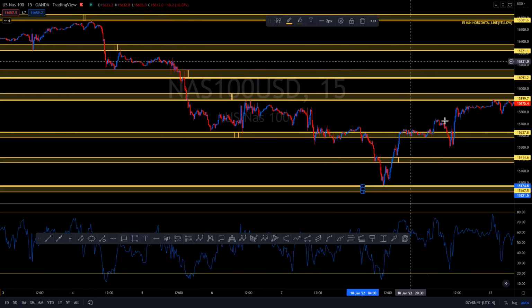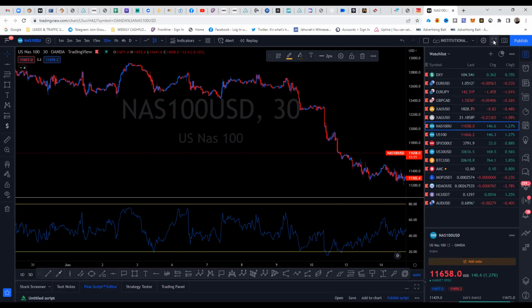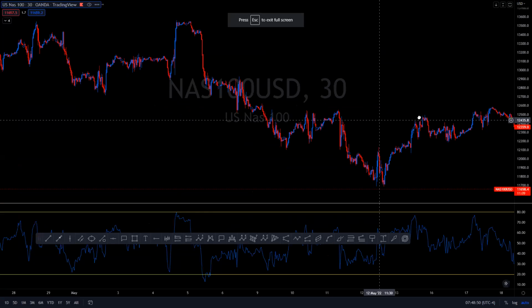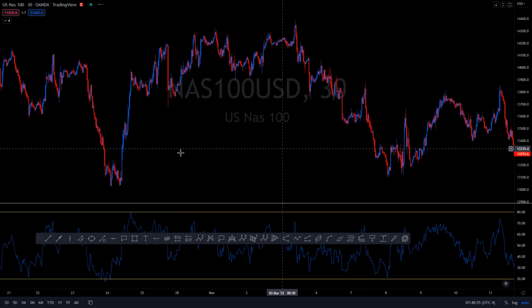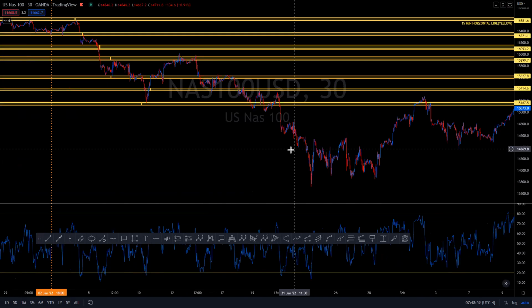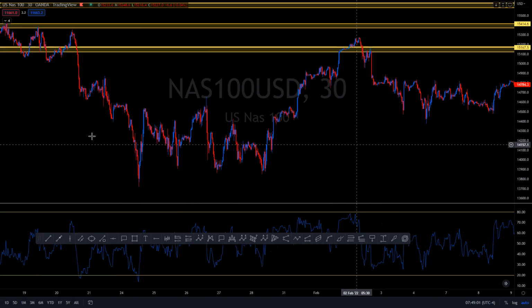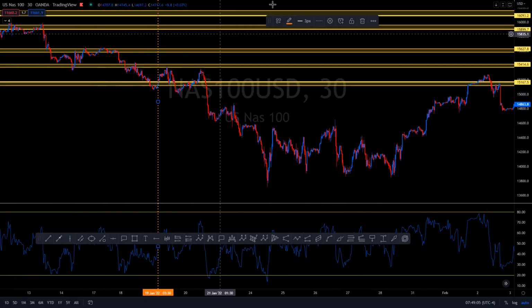So now that I marked these up, I'm going to go on ahead to the 30-minute time frame. And so then we're going to mark this area up on the 30-minute time frame. So then we're going to put a vertical line here.